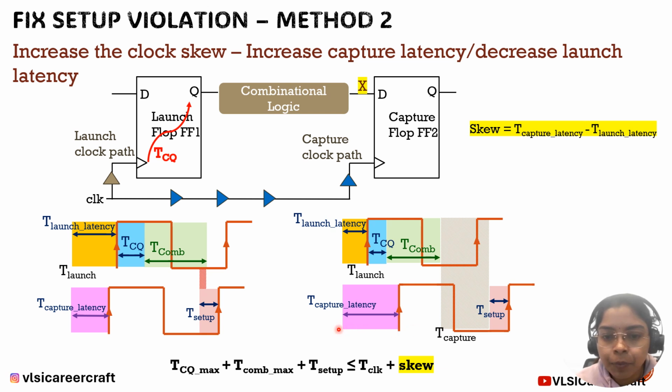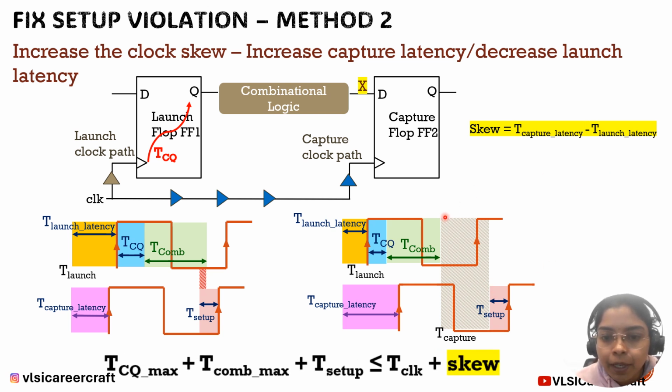If you see, the capture clock is starting somewhat later than in the previous case. Before, we didn't have any time frame and there was a violation. But in this case, the data is expected to arrive at this point, but it is arriving at this point, so there is a lot of time frame for the data to arrive. It will be captured correctly, and the setup violation is resolved here.